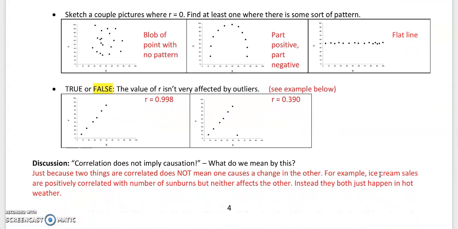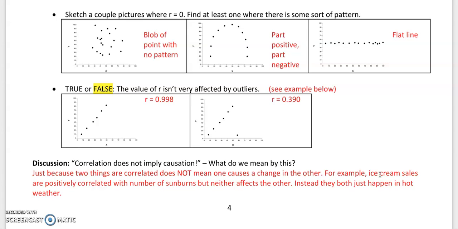And then one last thing that I want to discuss about correlations. You've probably heard the expression, correlation does not imply causation. What we mean by this is that just because two things are correlated does not mean one of those causes a change in the other.